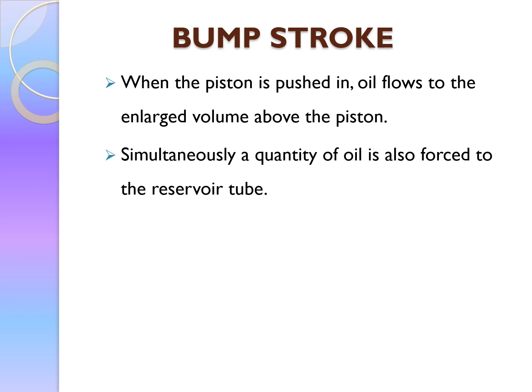This volume of oil is forced to flow through the bottom valve into the reservoir tube, filled with air at 1 bar, nitrogen gas at 4 to 8 bar. The resistance encountered by the oil passing through the foot valve generates the bump damping. And this is all about the bump stroke in twin tube shock absorbers.